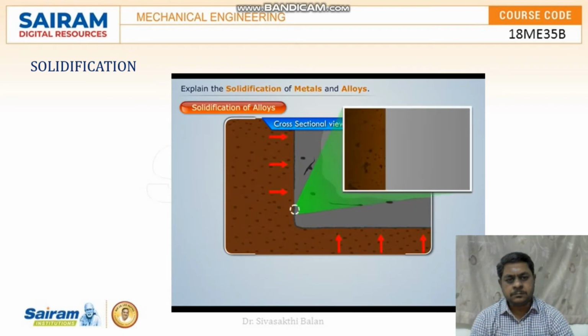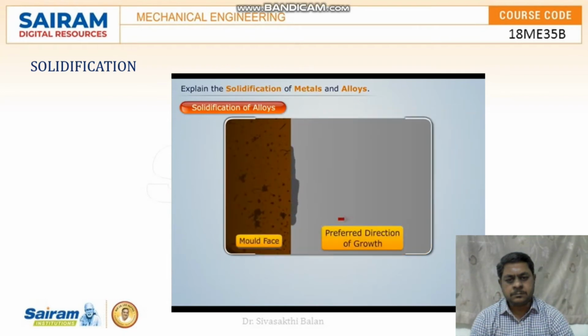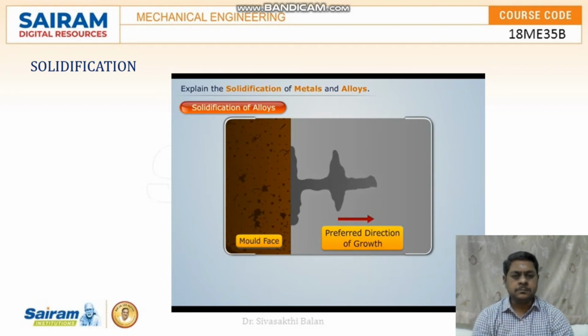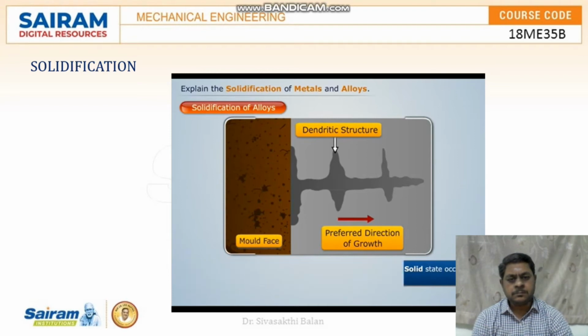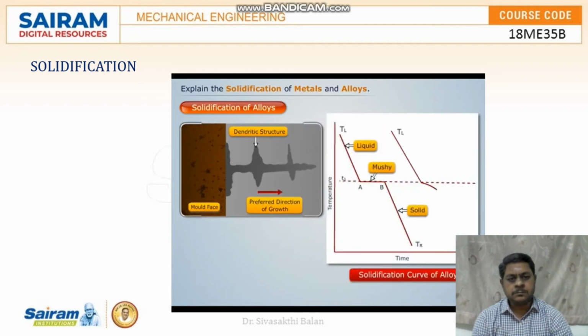The only difference is that the crystals formed will have a dendritic structure as shown. Note that during solidification of alloys, the transition from liquid to solid state occurs over a change in temperature. This can be represented graphically as shown.